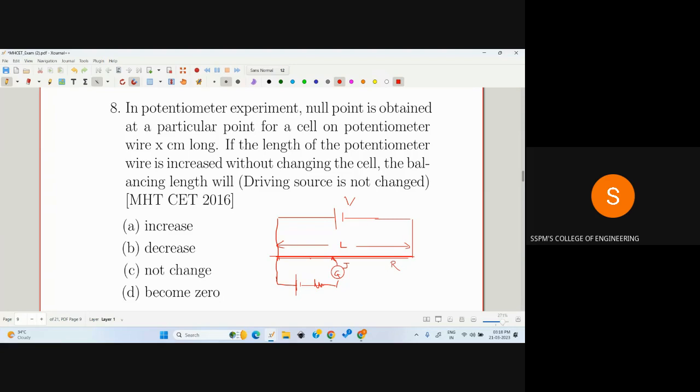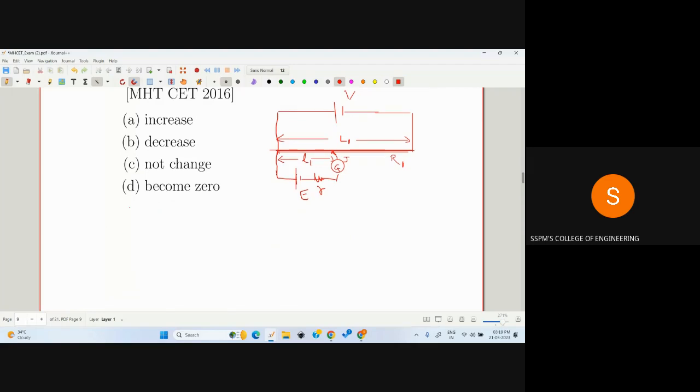So first case मध्ये काय काय कन्सिडर केले बघा. Battery supply is V. Then the resistance of the wire is R1.